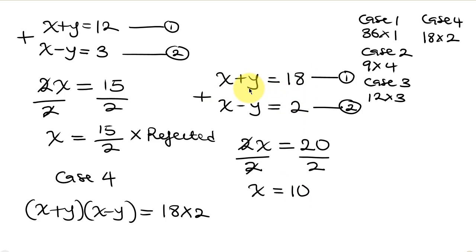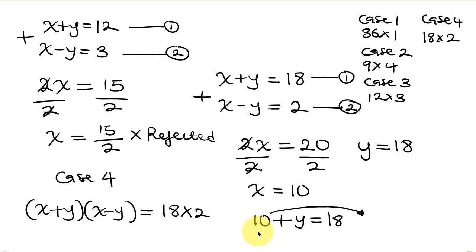Let's choose equation 1. x is 10, so I'm going to put 10 plus y equal to 18. That's our equation 1. Now to get the value of y, I just have to move 10 to the right hand side, so that y becomes 18, and as 10 crosses to the right, it becomes minus 10, meaning y becomes 18 minus 10, which is actually 8.